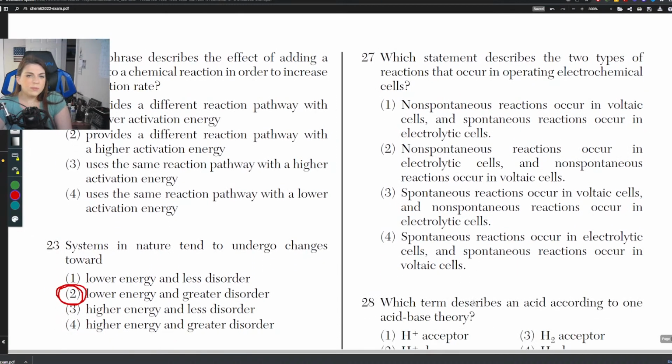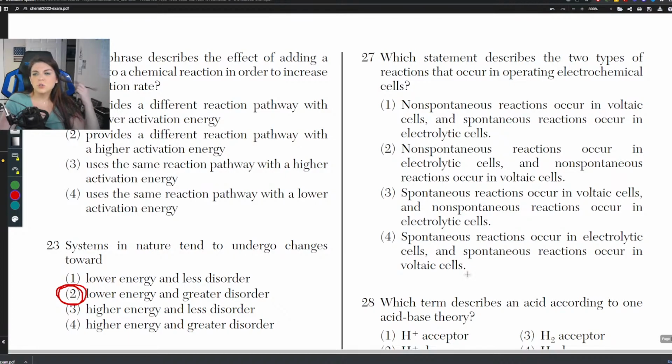27. Which statement describes the two types of reactions that occur in operating electrochemical cells? Okay. I hate when they do this. It's two answers but one question. Okay. Voltaic cells happen on their own. That is just by the, quote, magic of chemistry.